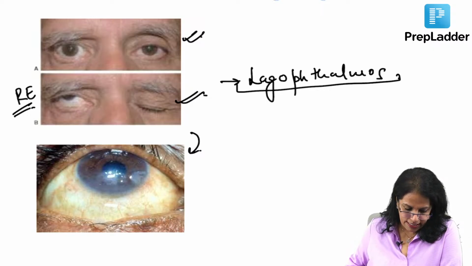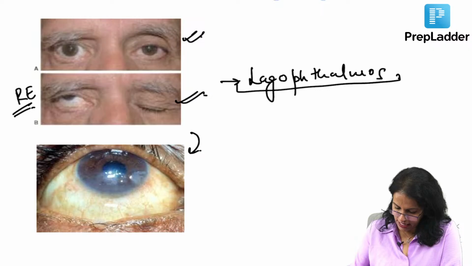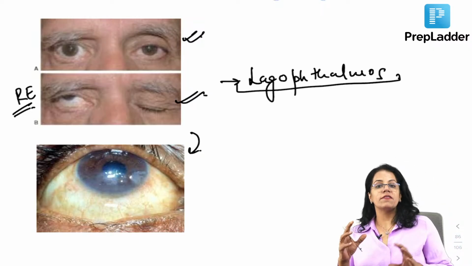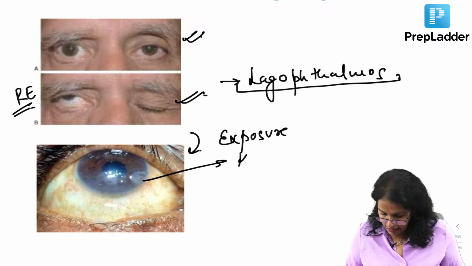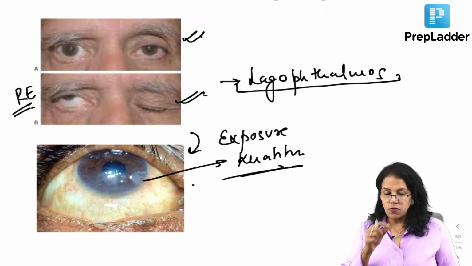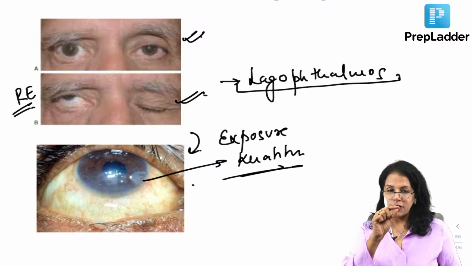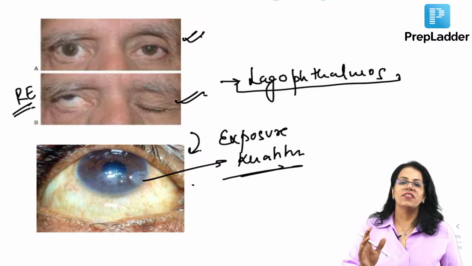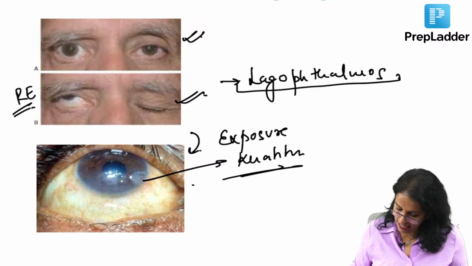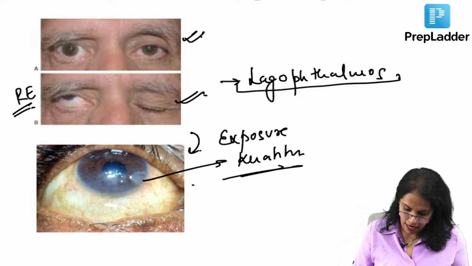Is it related? Yes, very good, Tanmay, Bani. Yes. So because there is a lagophthalmos, this patient is having exposure keratitis, isn't it? And exposure keratitis is happening because, can you see this? You see more changes in the lower part because it is mainly this part which is exposed. What do you call this? We call it, this whole condition, answer me this also.